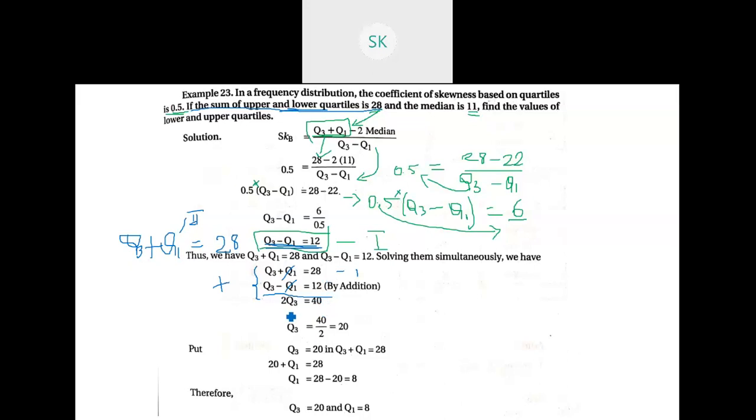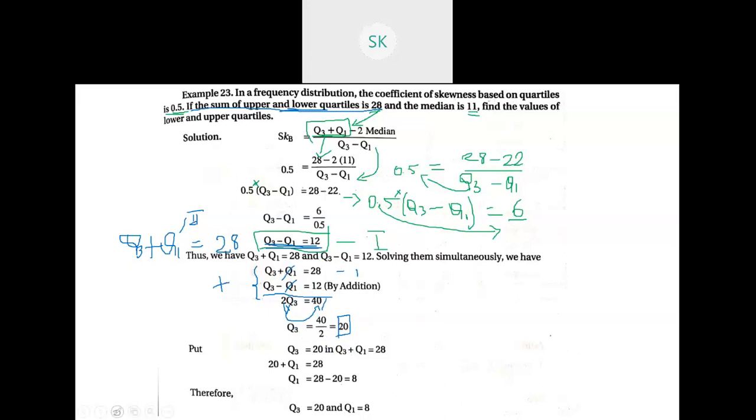Now the next step: this is 2 into Q3, so it's a multiplication here. If I take 2 to the other side, it will become division. So Q3 is equal to 40 by 2, where my value of Q3 is 20. So I found the value of Q3 by simultaneously solving both the equations.